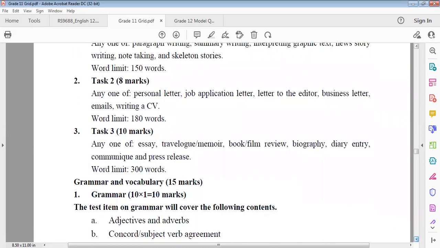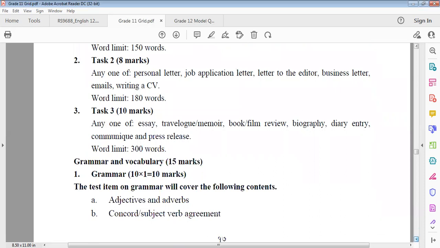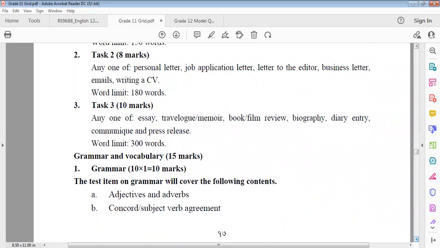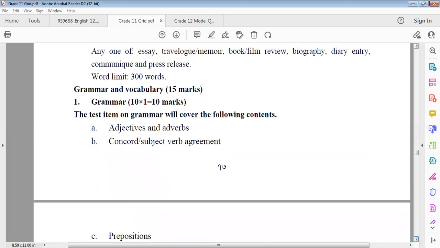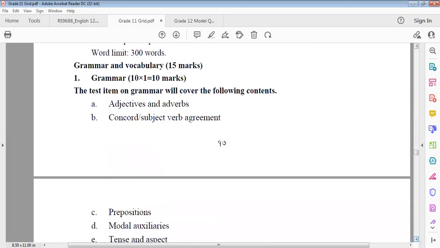Similarly, grammar and vocabulary contain 15 marks. Out of that 15 marks, grammar covers 10 marks, and within 10 marks, there are different lessons as we have studied, the lessons that have been given in the language development sections.